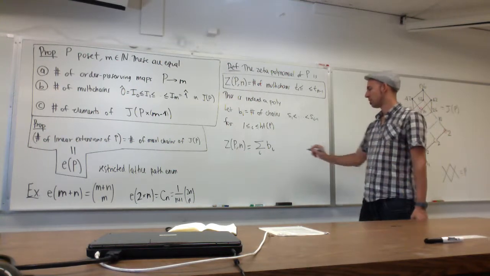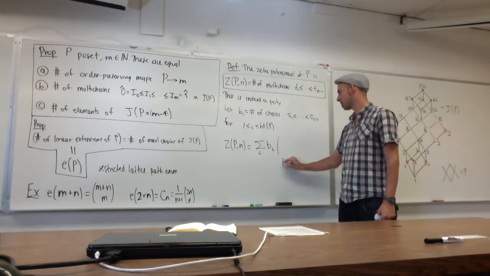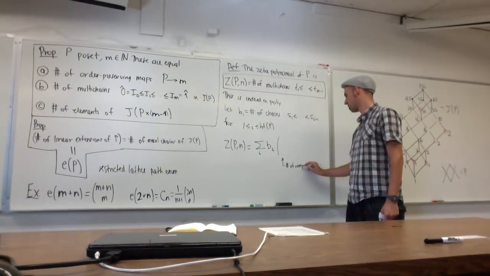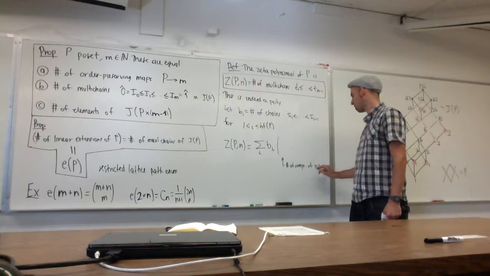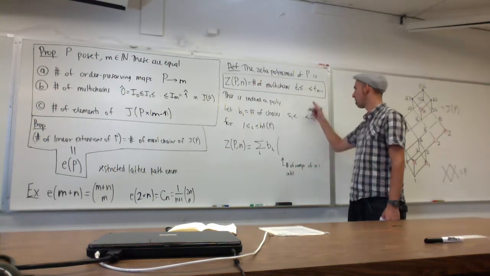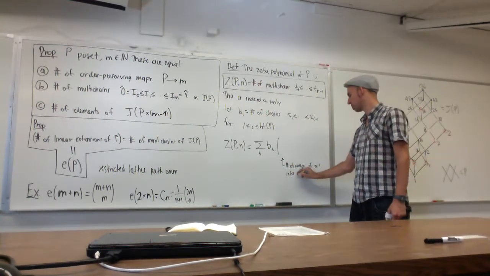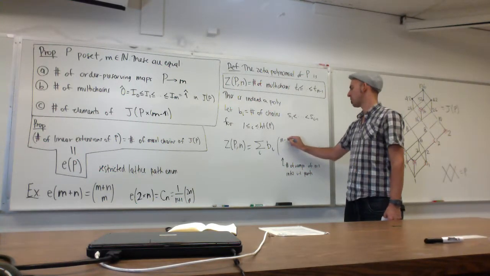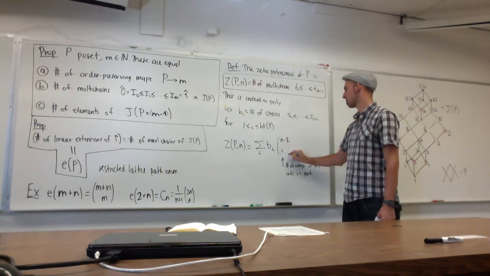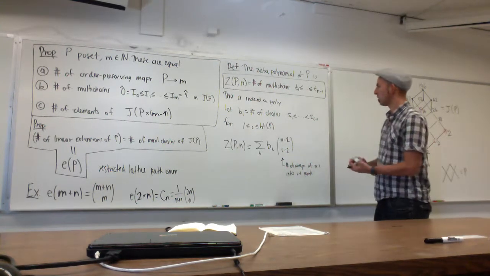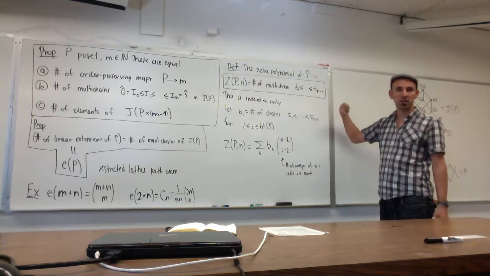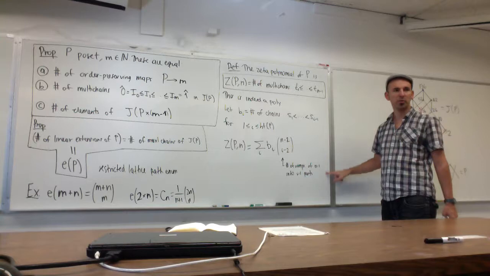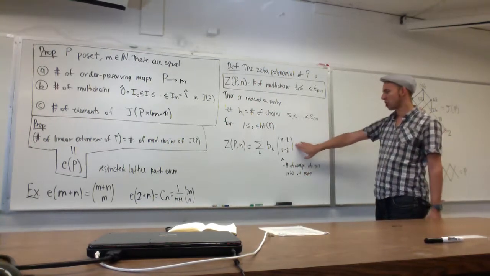So the number of ways to do that is the number of compositions of n minus 1 into i minus 1 parts. This is the number of ways of turning this chain into a multichain through repetitions. We know the number of compositions; we've enumerated this, so we get this.